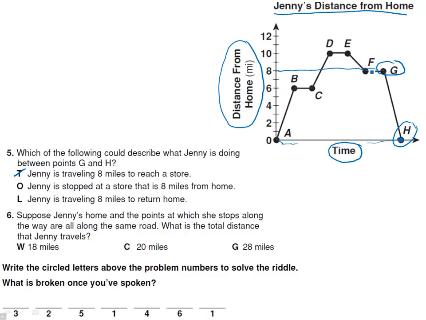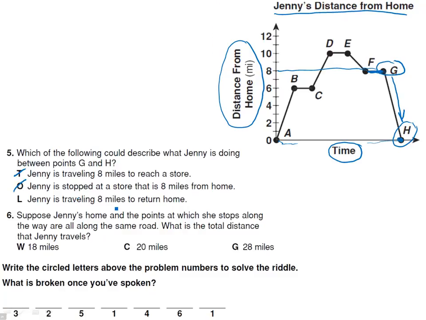Well, that looks like what's happening here, maybe from point F to point G, at some point when she's stopped, when she's not moving and her distance isn't changing. But between points G and H, her distance is decreasing as she heads home. So it's not that one.